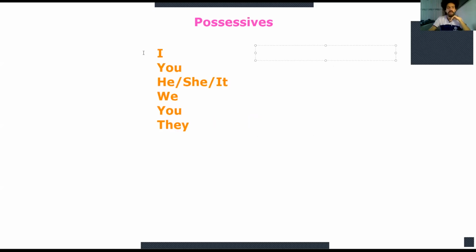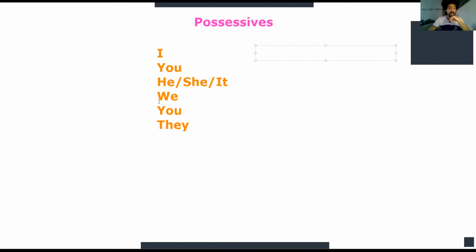So here on the left, we have our normal pronouns that we know. I, you, he, she, it, we, you, and they. So every pronoun here has its own possessive.